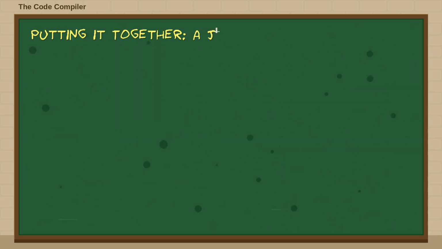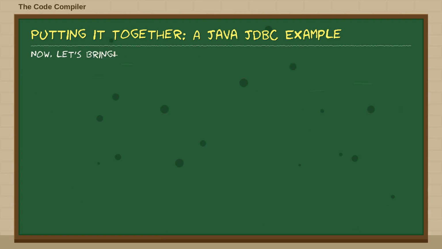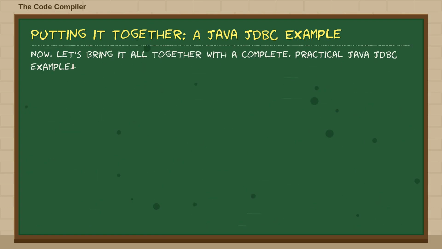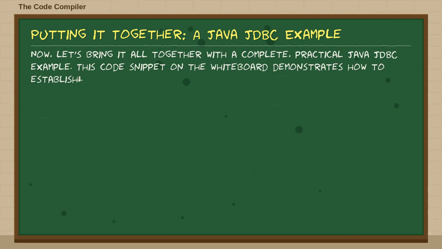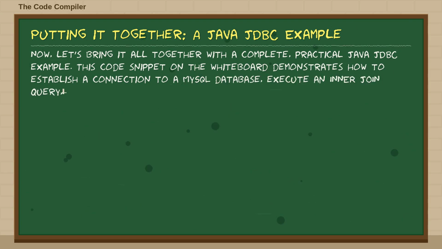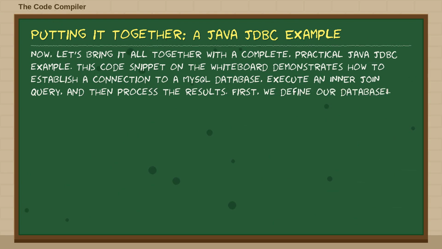Now, let's bring it all together with a complete, practical Java JDBC example. This code snippet on the whiteboard demonstrates how to establish a connection to a MySQL database, execute an inner join query, and then process the results.